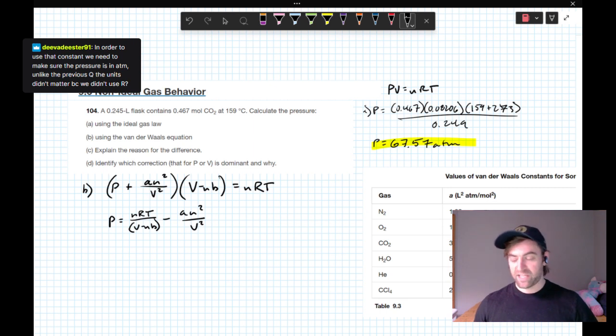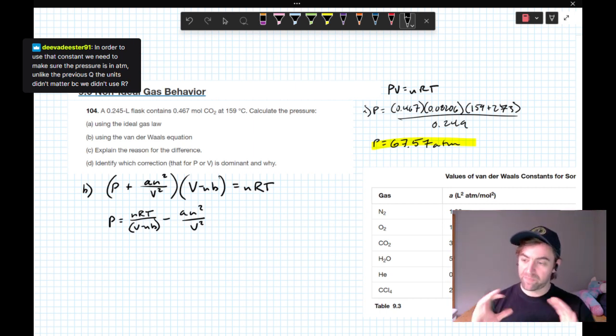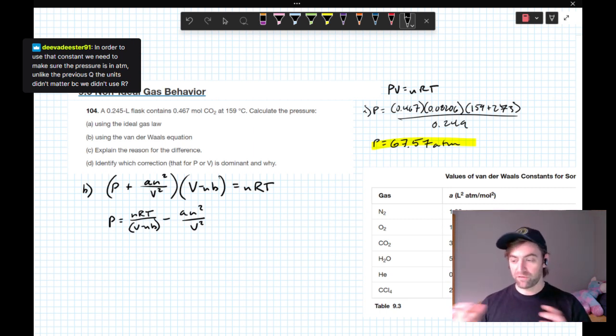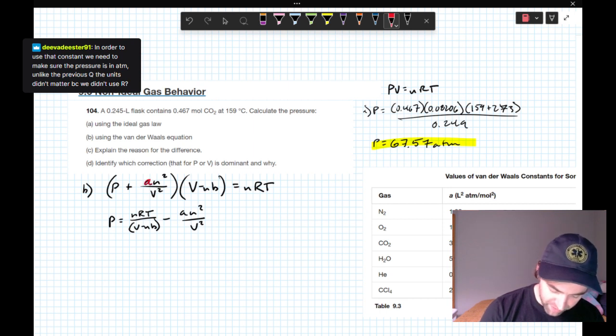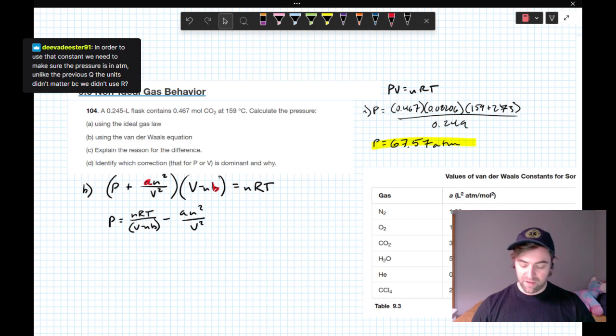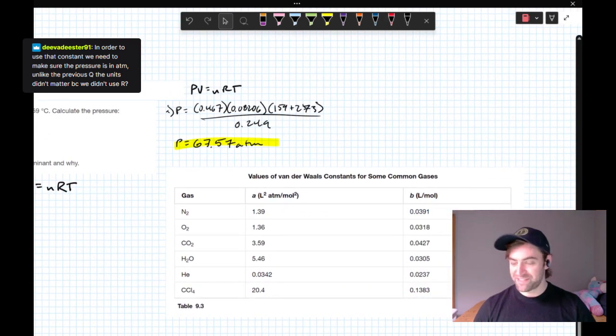Dealing with non-ideal gas behavior, we're now adding in constants, or variables rather, that account for the space that the molecule occupies and the intermolecular forces between molecules. So attraction and repulsion. Those are accounted for by these variables A and B. And for common substances, those values are tabulated.